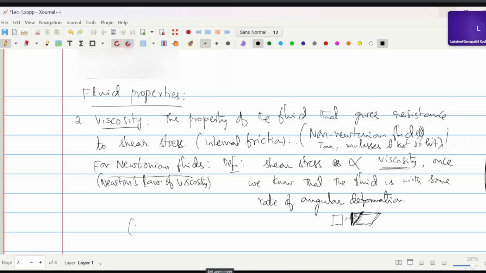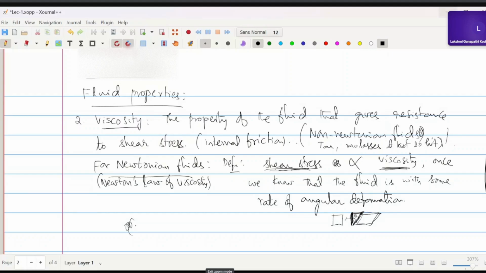In non-Newtonian fluids, viscosity won't be constant. Newton's law of viscosity tells you that shear stress, let's call this shear stress, which means some kind of force per unit area, is proportional to the viscosity.